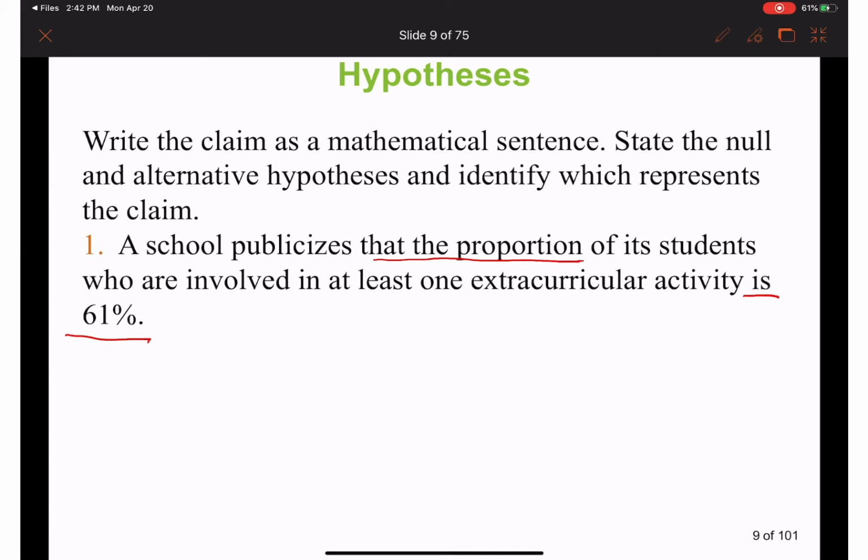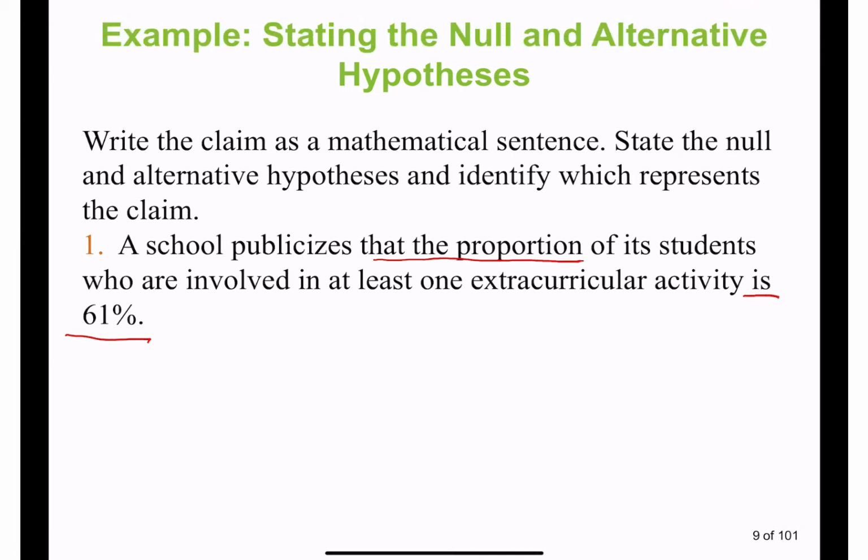A lot of students get confused with this "at least." But "at least" has nothing to do with 61%. At least has to do with the amount of students who are involved in extracurricular activity. In our case, 61 is a proportion, not about students.